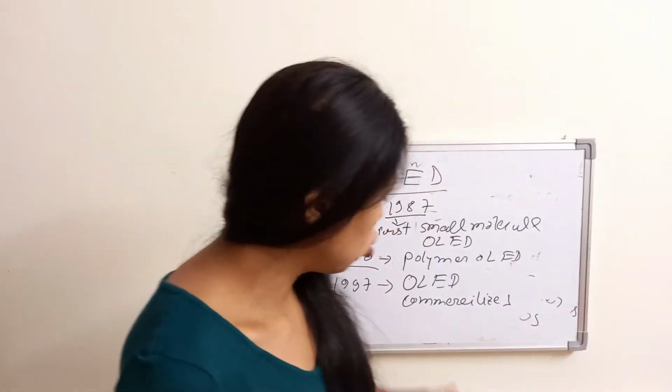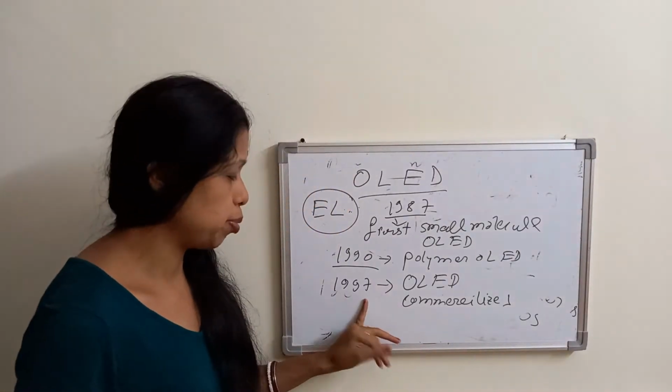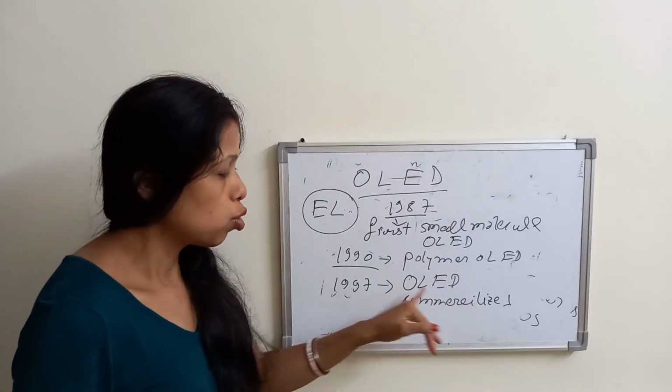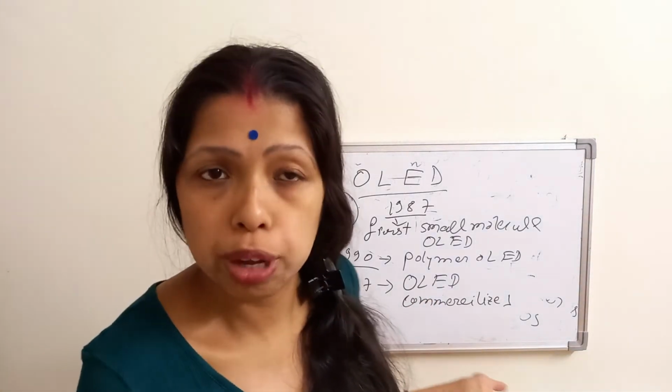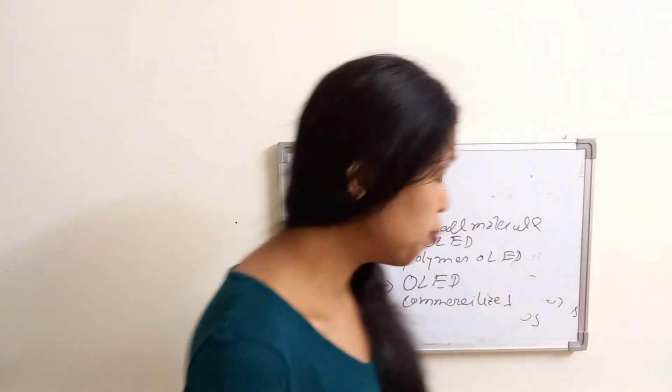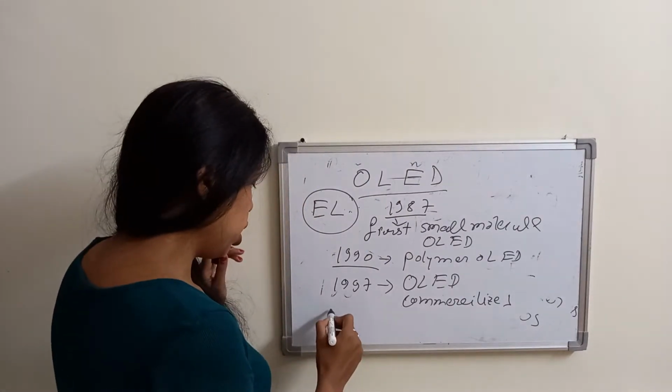In our daily life we can see so many inorganic light emitting diodes, small inorganic LEDs used for lighting and display. Similarly, in 1997 the OLED was commercialized for lighting and display application.